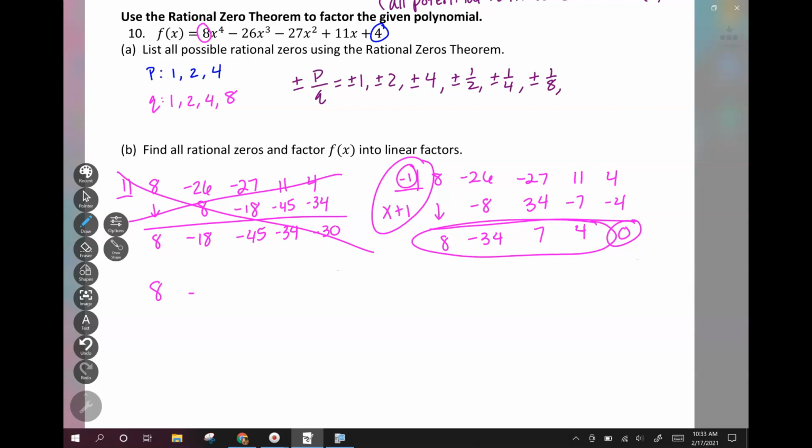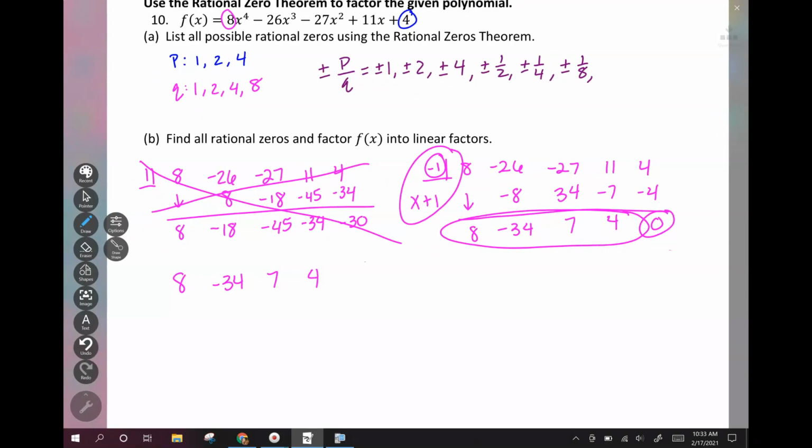So we've got 8, -34, 7, and 4. And now I'm going to try my next number. You actually could start over and try -1 again, because -1 could be a factor with multiplicity 2, so you could check that again, theoretically. So I'm going to keep going down the list, and then maybe if I run out of options, I'll come back to it.